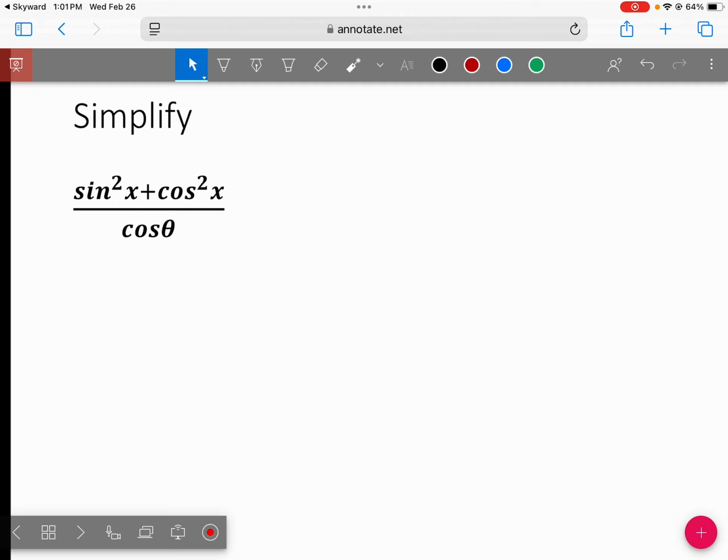So, does anyone recognize sine squared x plus cosine squared x as anything they've ever seen? Tamaya says yes. CJ says yes. Okay, this is an identity. It's the special identity that we had to know even on this last test.